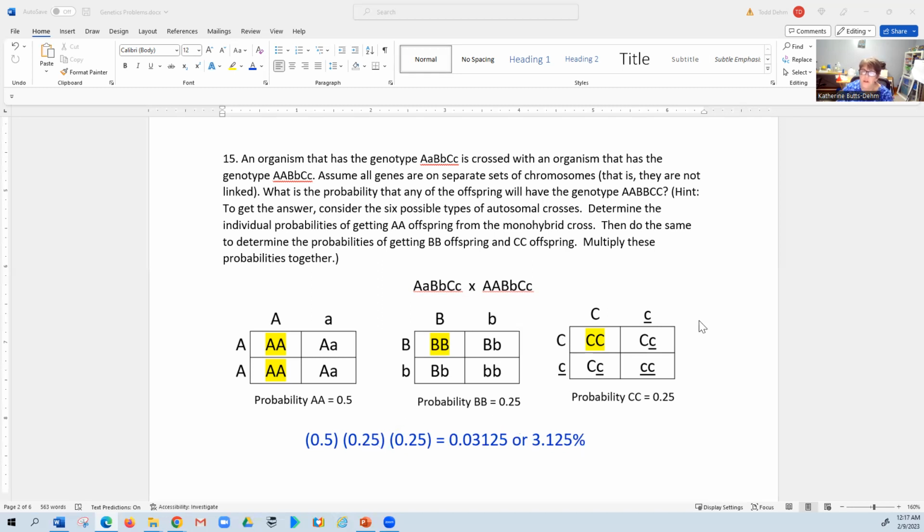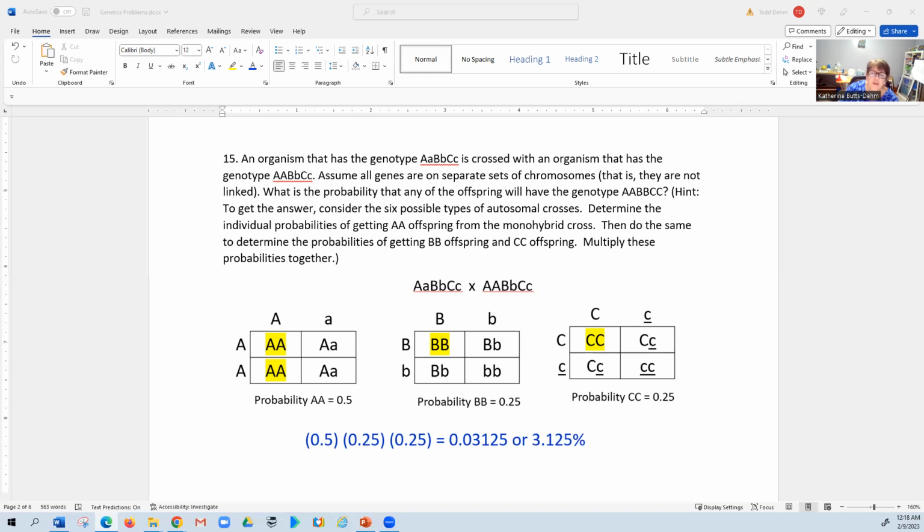And then same thing with the C's, they're both heterozygous, so the homozygous dominant probability is 0.25. And you multiply those together and you get that same number from before, the 0.03125 or 3.125%.